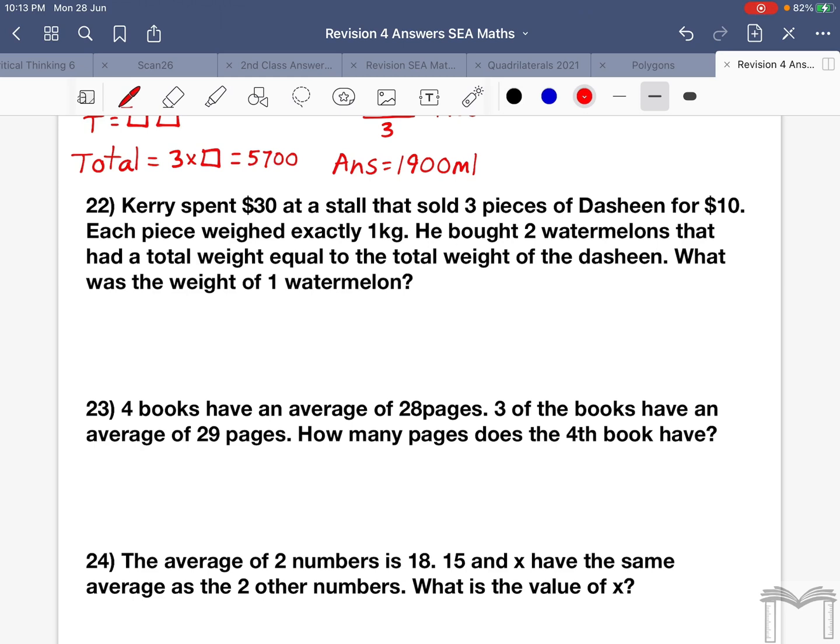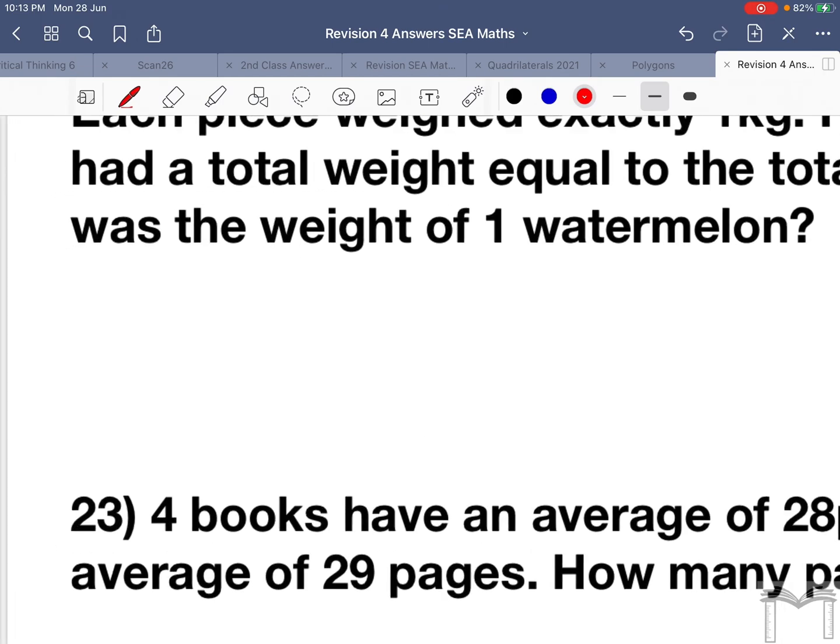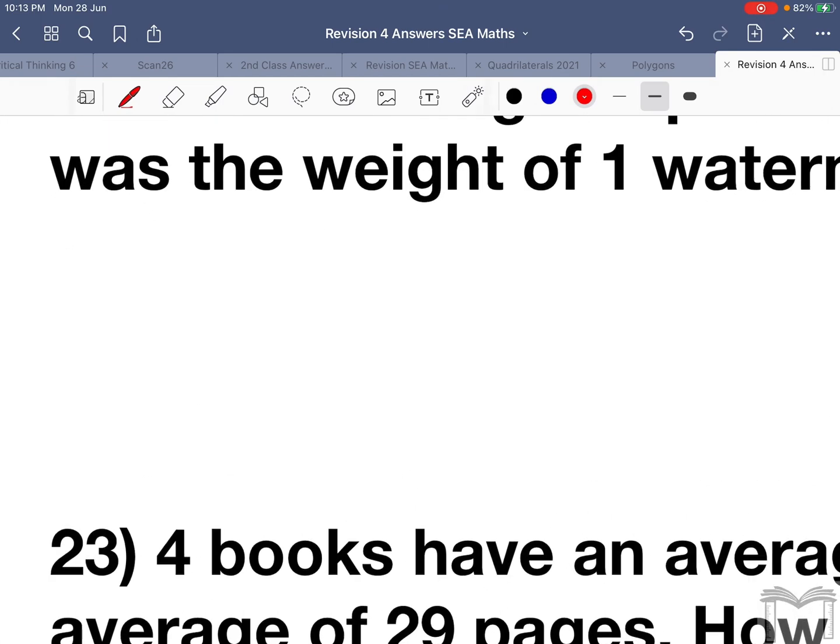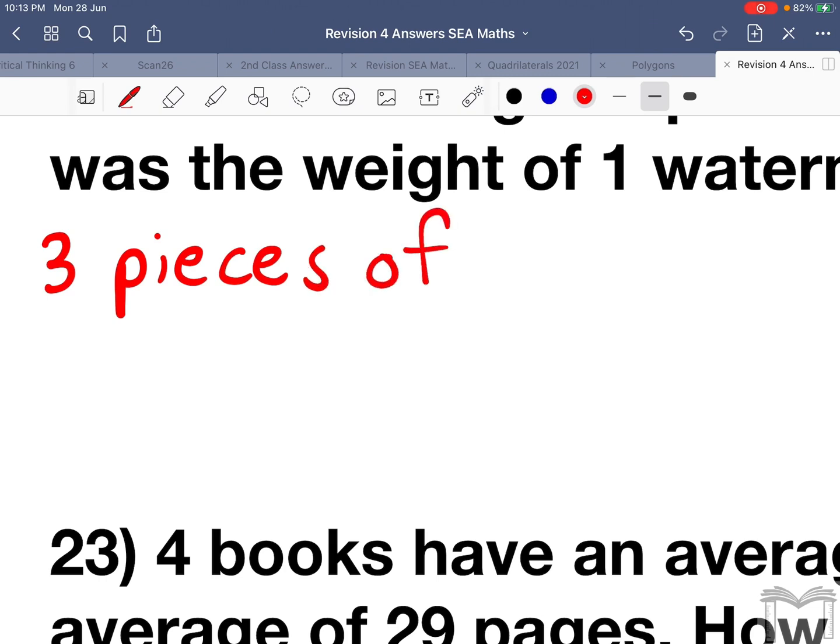So $10 per 3 pieces of dasheen. So $30 will give us 3 tens are 30, so 3 sets of pieces of dasheen.